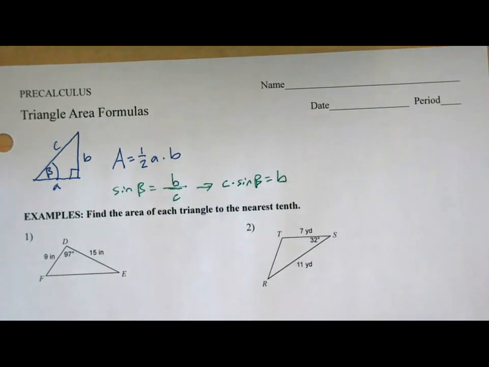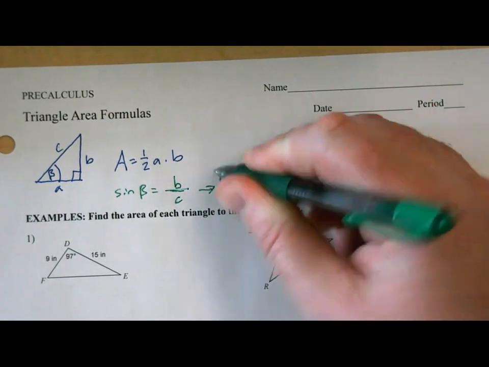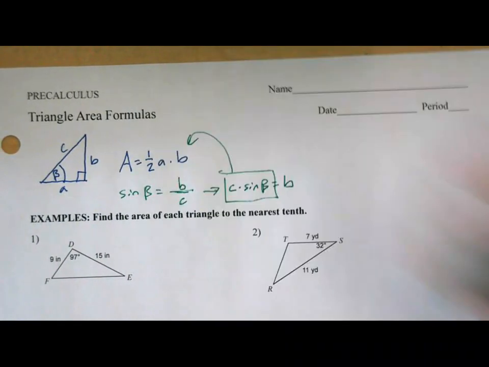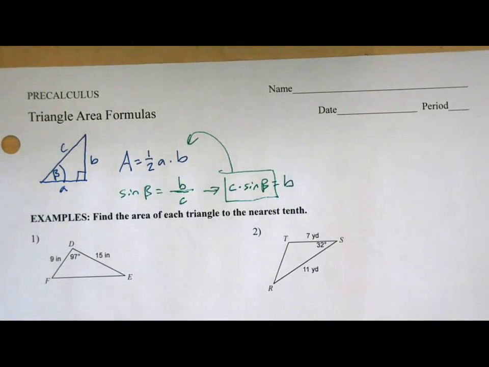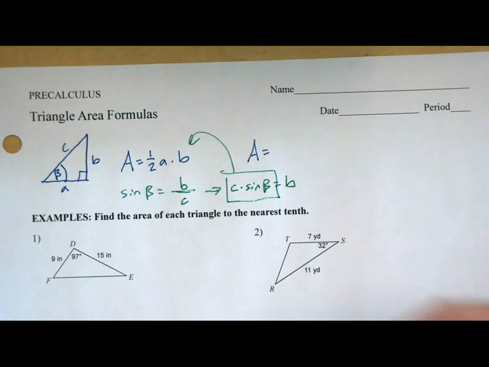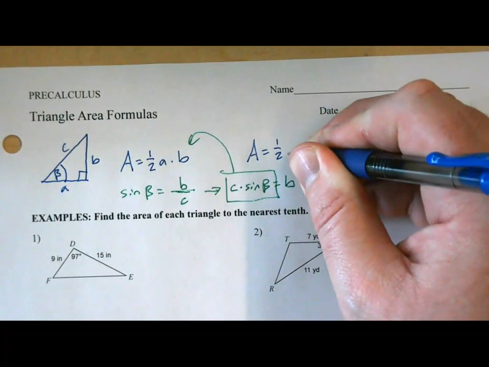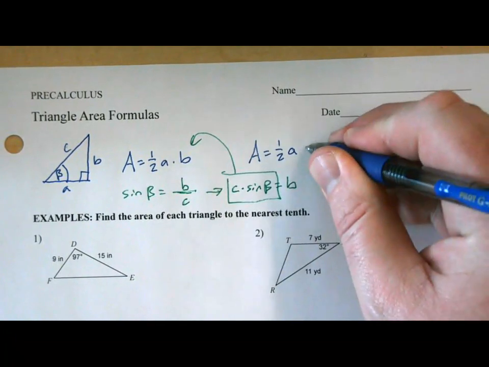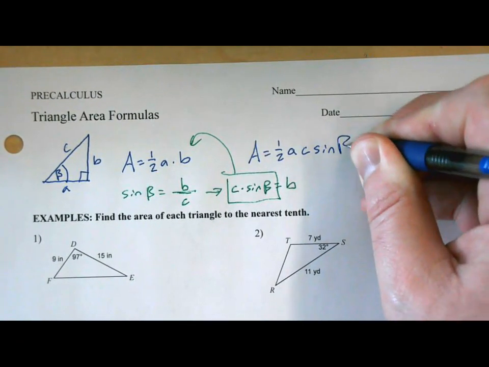All right, so we just wrote an equation for B. We're going to take that and stick it into here. So now our other equation for the area of a triangle is going to be 1/2 times A, not times B, but times C sine of beta.